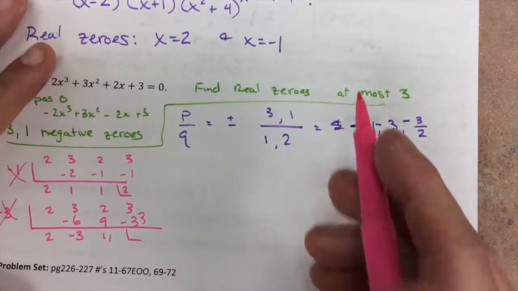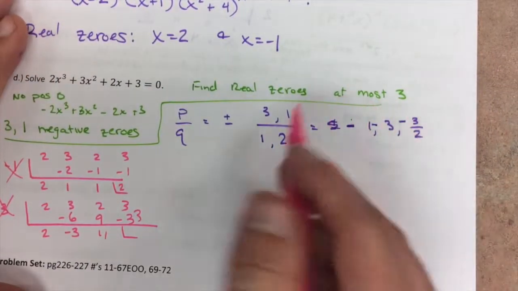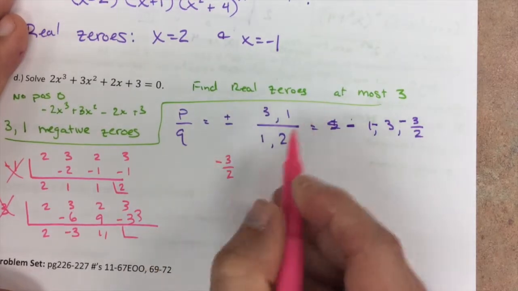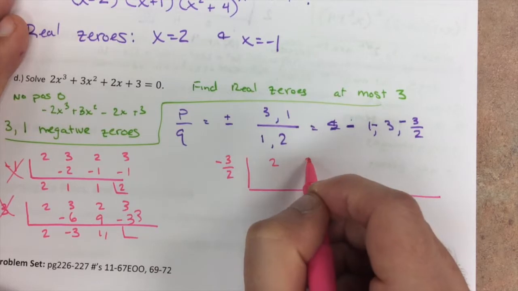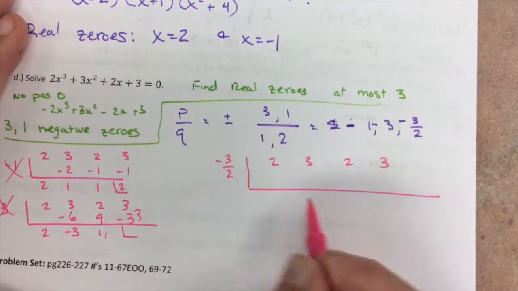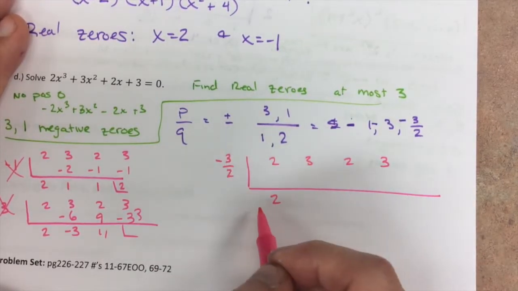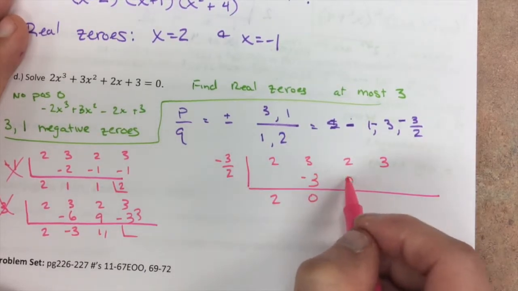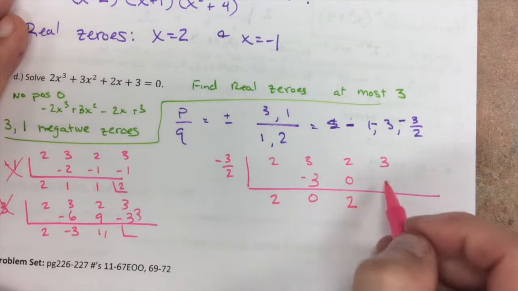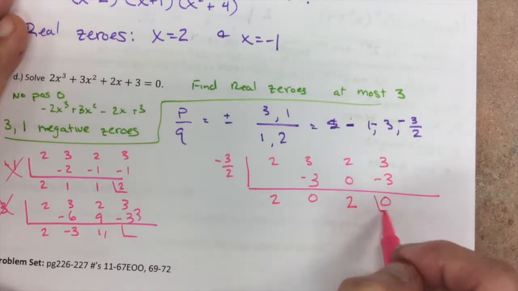So I'm sorry. The only answer is going to be a fraction because we're down to negative 3 halves. So if we do negative 3 halves, that's 2, 3, 2, 3. Bring down the 2. Multiply these two, we get negative 3, which is 0, which is 0, which is 2, which is negative 3, which is 0.